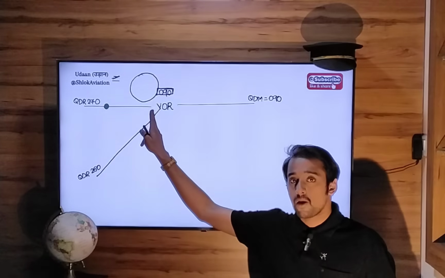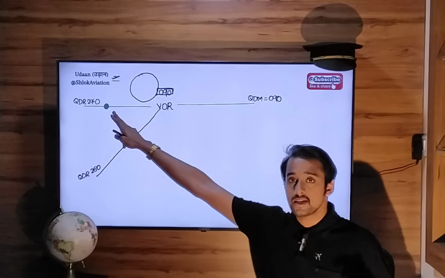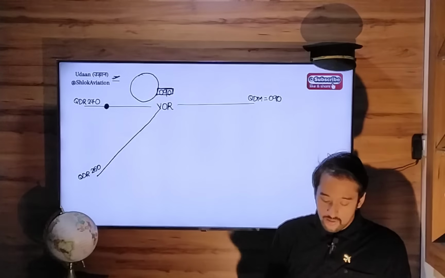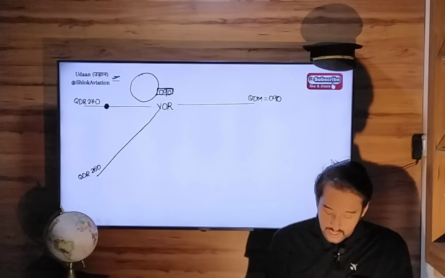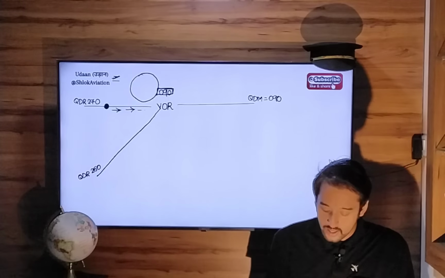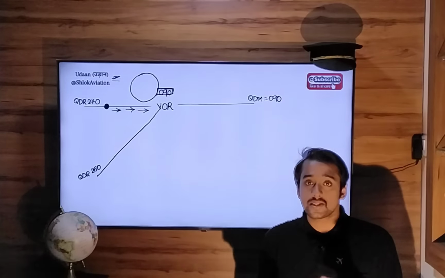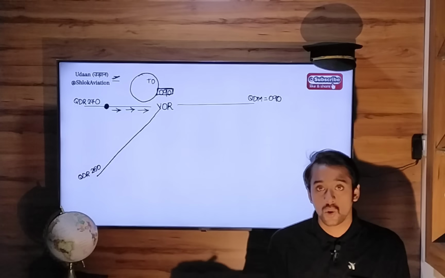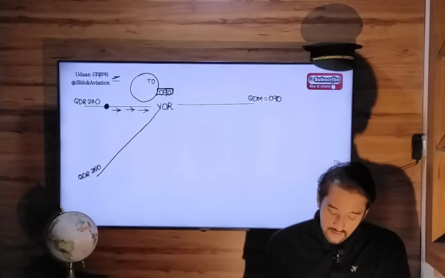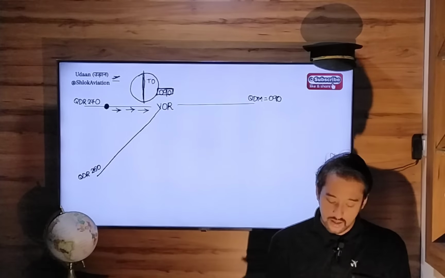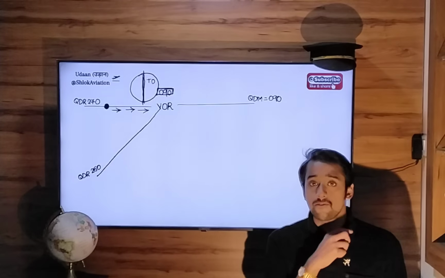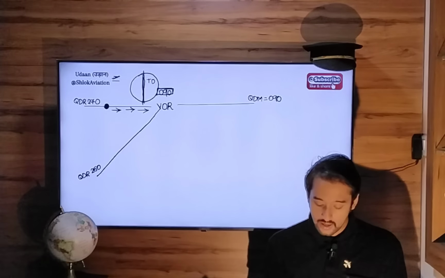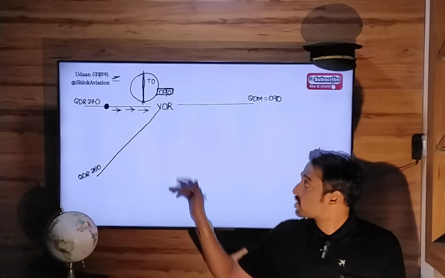You have to fly inbound, as given in the question. So the correct way is to put the reciprocal of 270, which is 090, which will take you towards the VOR and give you a correct, normal sensing. So you will get two indications shown here, and the CDI needle will remain in the center if you are correctly established on the 270 radial. This is what should happen.